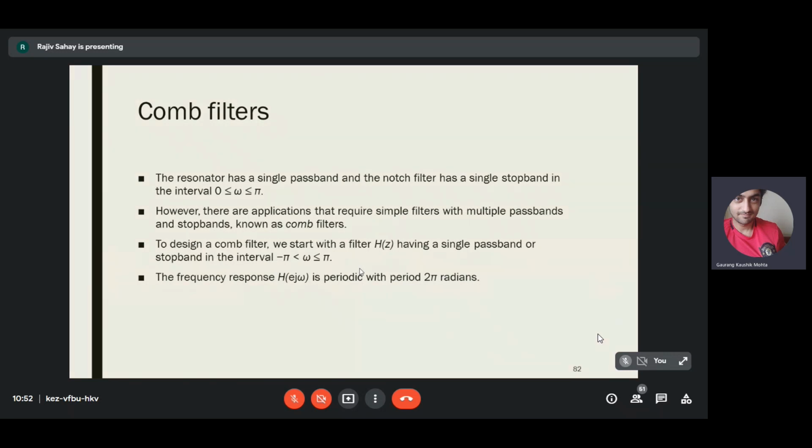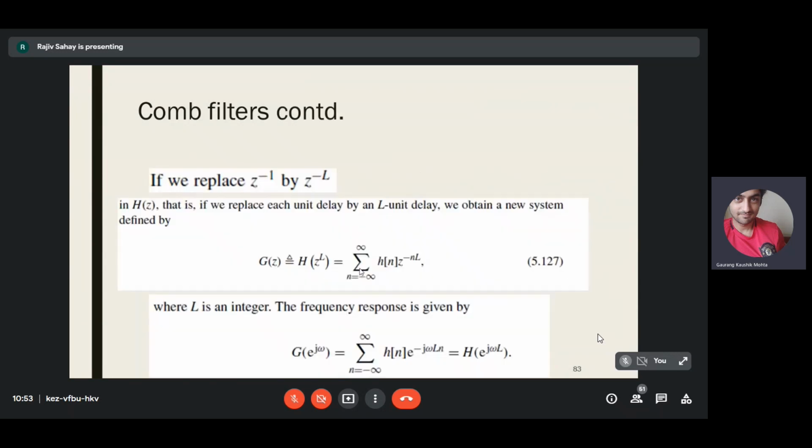Generally, this frequency response H of e to the power j omega is periodic with a period 2 pi radians. So we'll see how to create multiple stop bands or pass bands. We will replace z inverse by z to the power minus L in H of z.